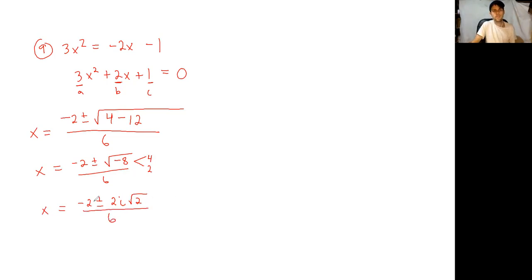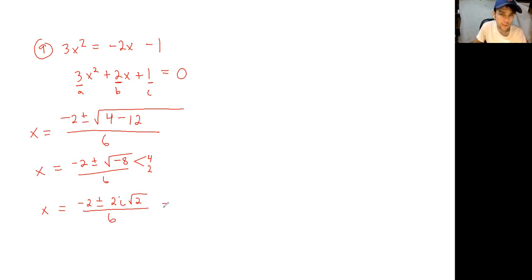All right, so now since this is an imaginary number, I'm not going to be able to get decimal approximations of the exact solution. I could use decimals, but with imaginary solutions, we rarely do that. There's not really a good reason to do so. So I'm going to keep this in exact form, but there is one further step that I can do. All of these coefficients or whole numbers here, 2, 2, and 6, all of those are divisible by the same number.